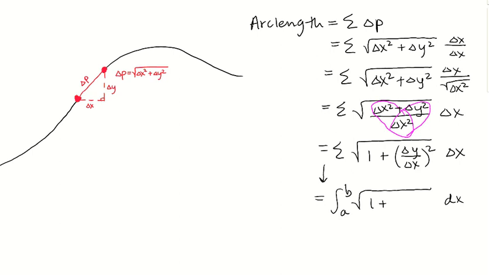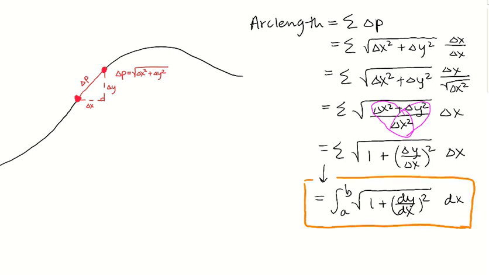What is delta y over delta x, squared, going to become, do you think? dy/dx. Yeah, so it's the integral of the square root of 1 plus (dy/dx) squared, dx. And this is the arc length formula. So yes, this is the officially approved arc length formula.